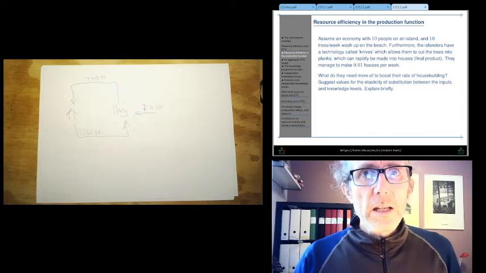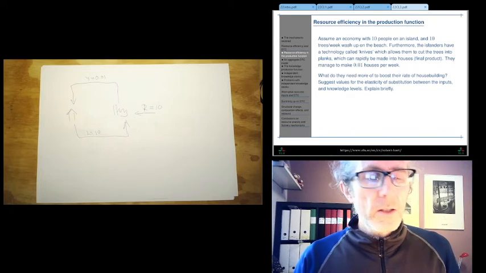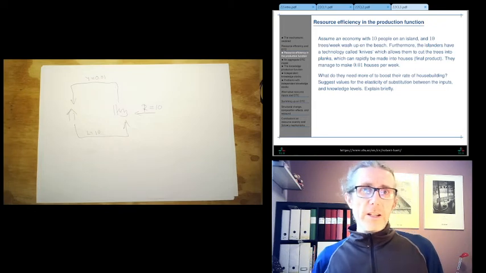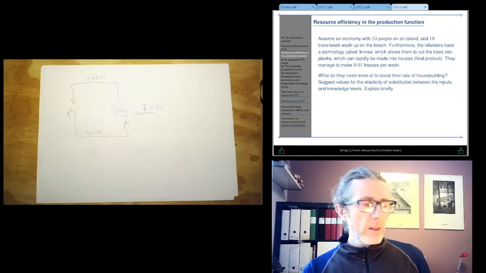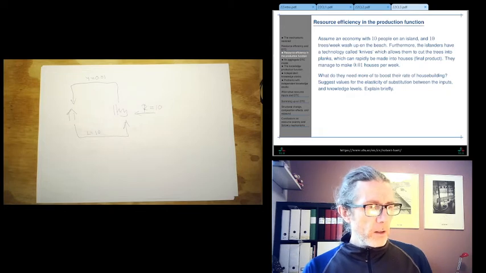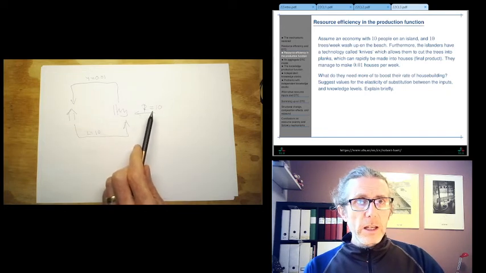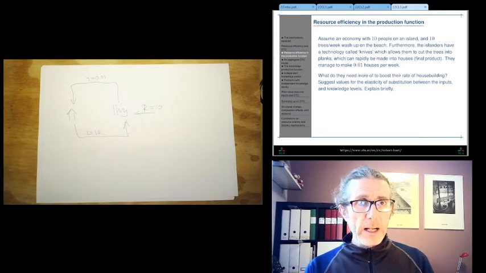What do they need more of to boost their rate of house building? The idea here is that you think intuitively about these numbers. The answer is not mathematically in the question.